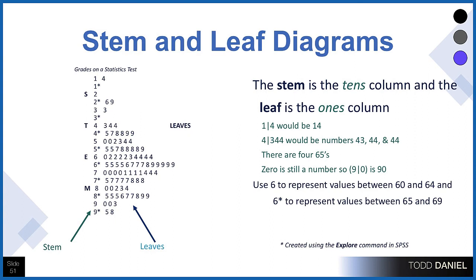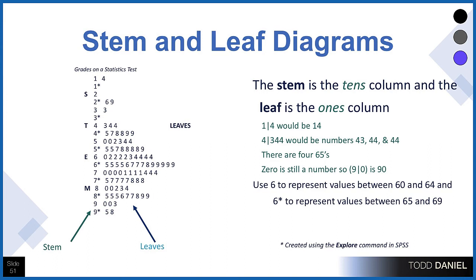0 is still a number, so it just goes in the ones place. So we have 70, 70, 70, 70, 71, 71, 71. We're just using 0 to hold that ones place. And because these scores were limited in their range, I actually split the 1s and 2s, or let's say the 10s and the 20s.